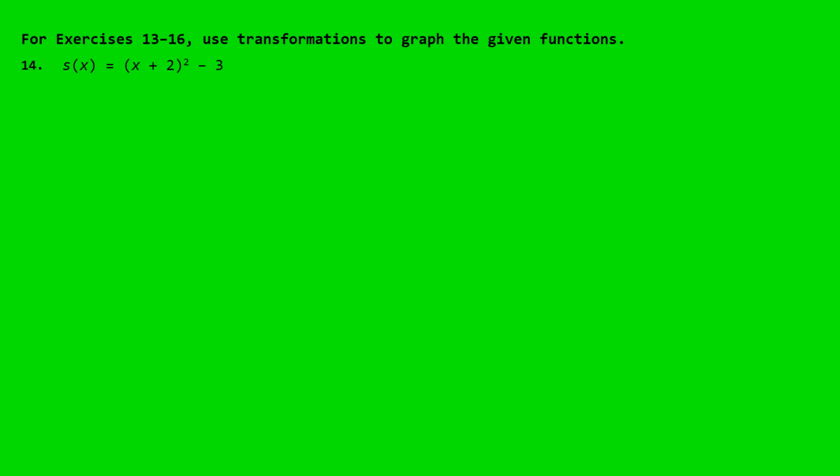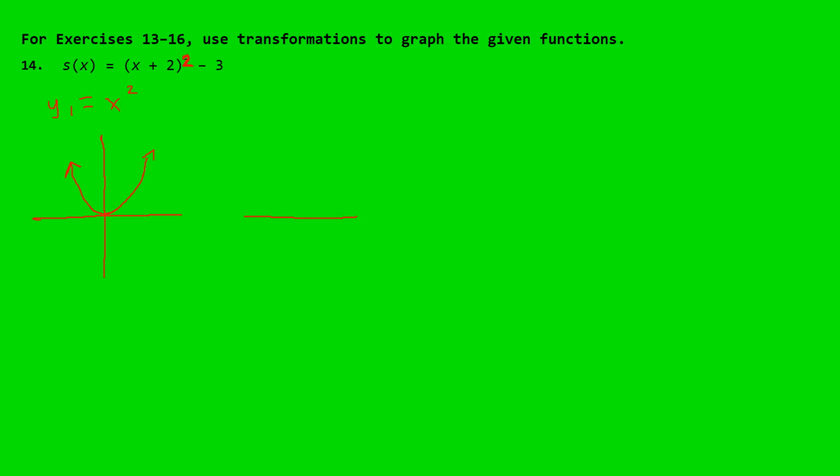Another transformation problem. This one's also a 3-stager. When we replace x with x plus 2, is it going to shift left or right? Of course, we have to have a correct parent function, which is the squaring function.